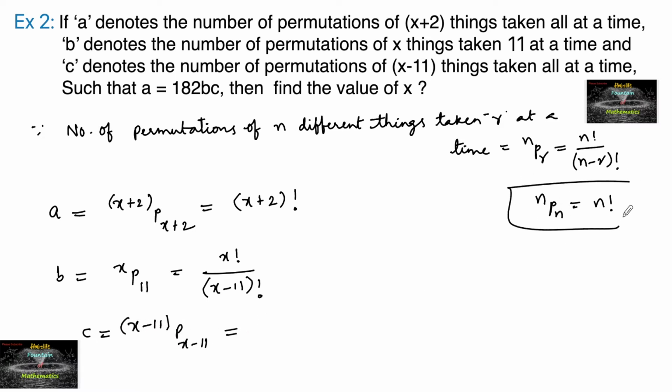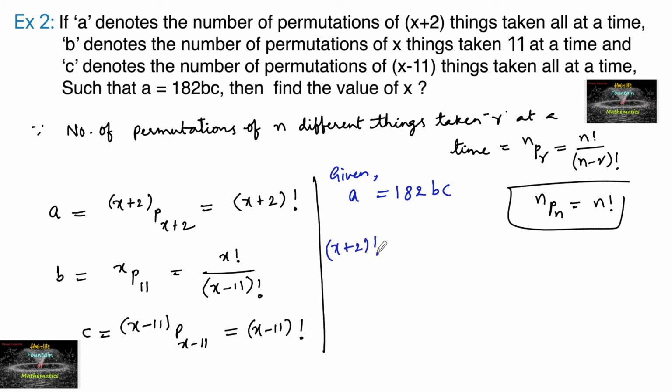So by using nPn we can write x minus 11 factorial. Okay, now it is given that A is equal to 182 times BC. So A is nothing but x plus 2 factorial, which is equal to 182 into B, which is x factorial upon x minus 11 factorial, into C, which is x minus 11 factorial.